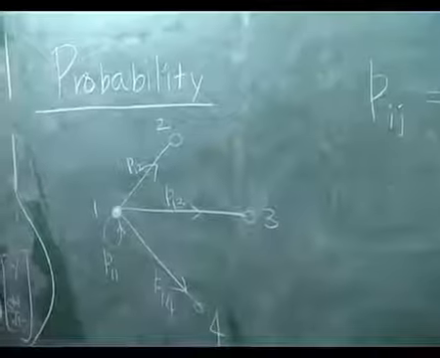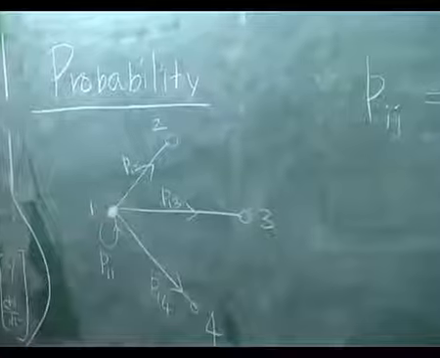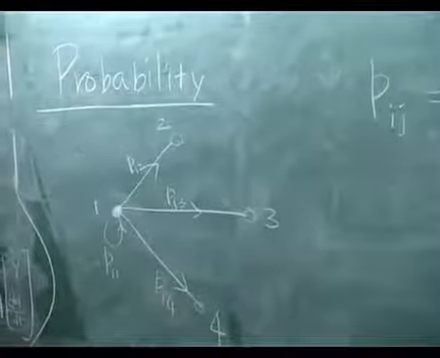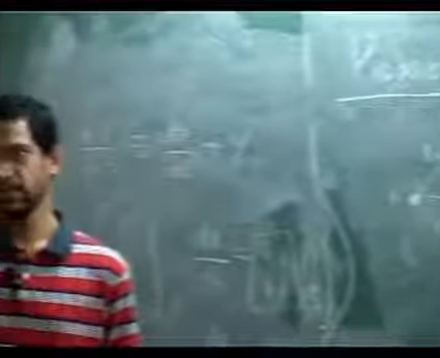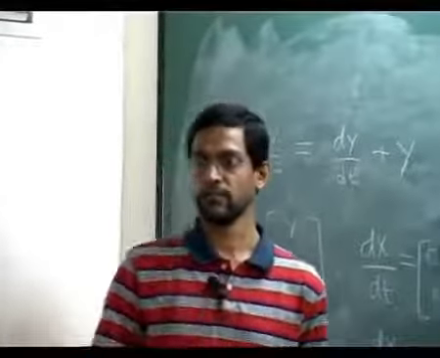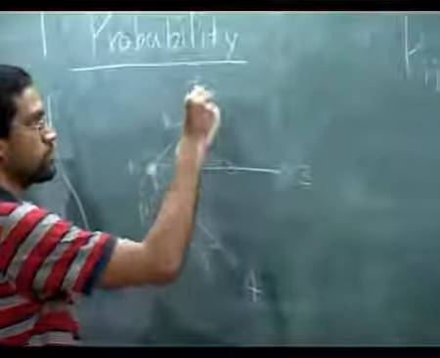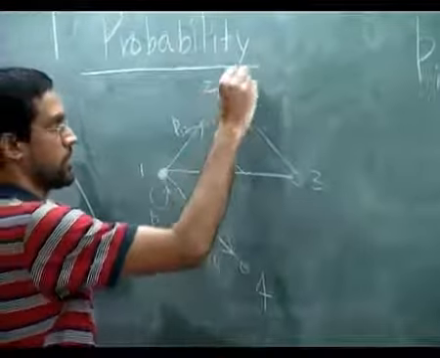Then the object, let's say, has jumped to some other vertex, say it's at 2. Then at the next point of time, again the same question: it can jump to any of the 4 vertices. It can remain at 2, or it can jump to 1, 3 or 4.